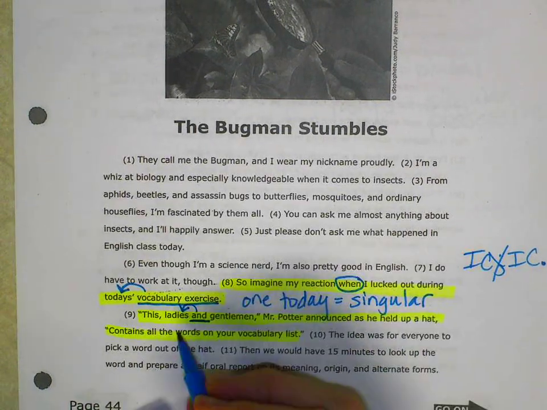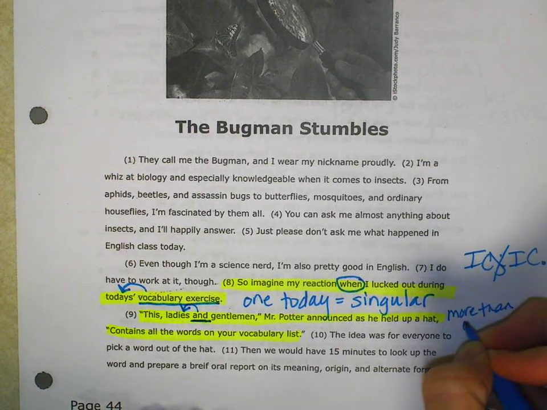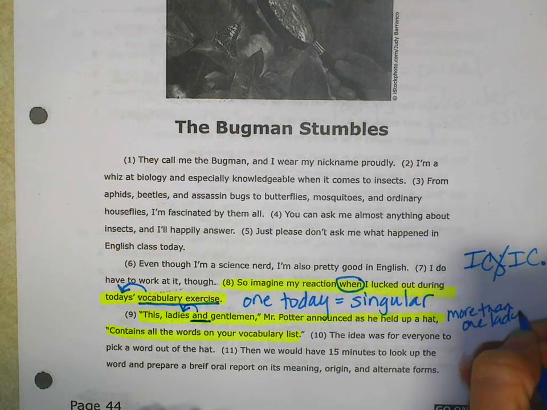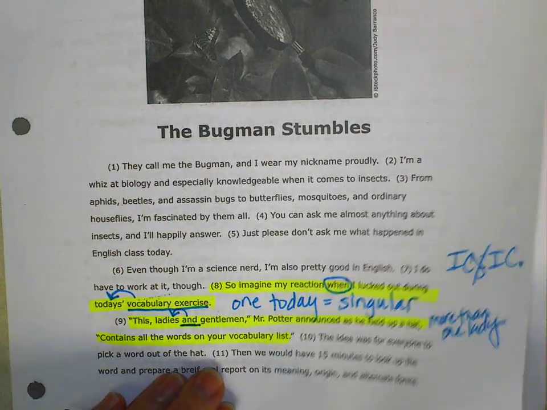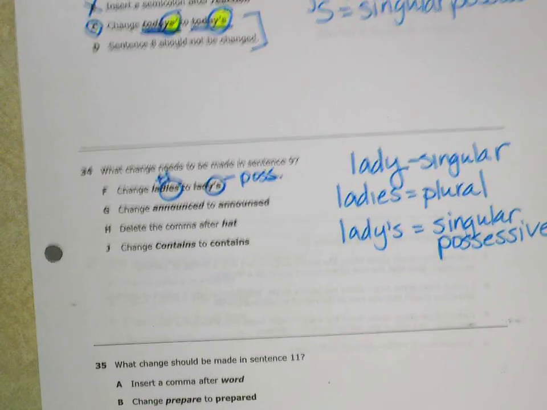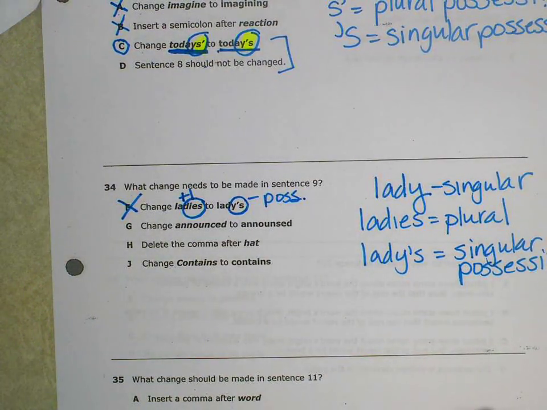Okay, we're talking about more than one lady. So if I'm just talking about more than one, do I need an apostrophe? No, I don't. So I do not need an apostrophe, so this one is marked off my list. Okay?